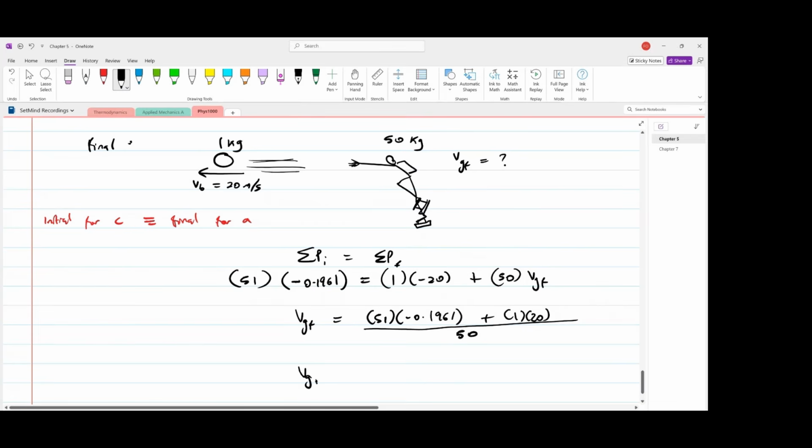And if we solve for this VGF, let's see what it becomes. Okay, and I get 0.199978 meters per second, which is basically 0.2 meters per second, right?